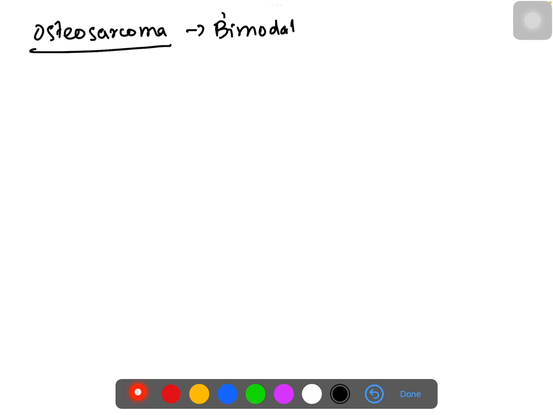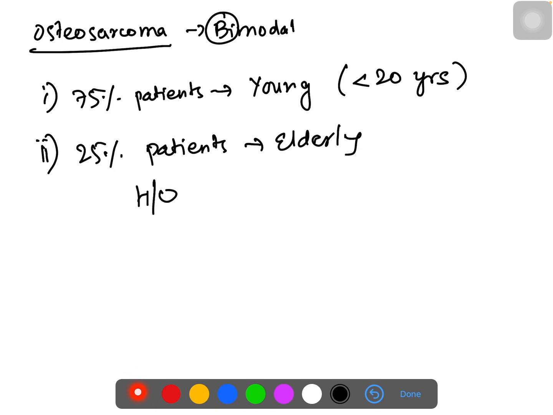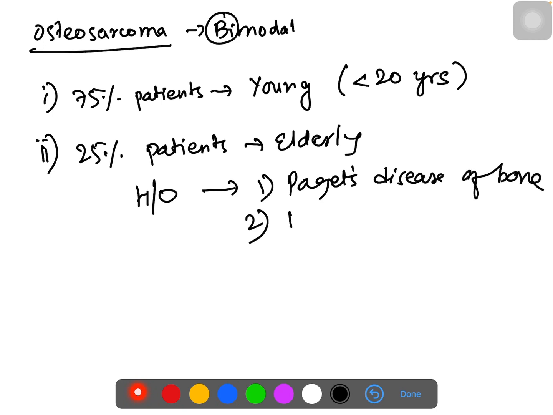Bimodal means bi, two, so there are two distinct age groups who are suffering from this disease. 75% of the patients who suffer from osteosarcoma are young people whose age is below 20 years, and then 25% are elderly patients that generally have a history of some sort of bone disease like Paget's disease of bone, bone infarct, or radiation exposure.